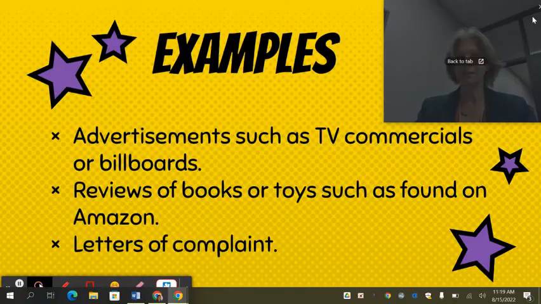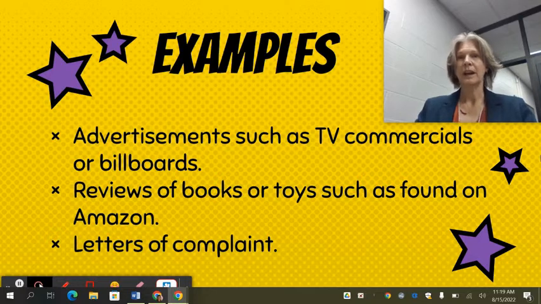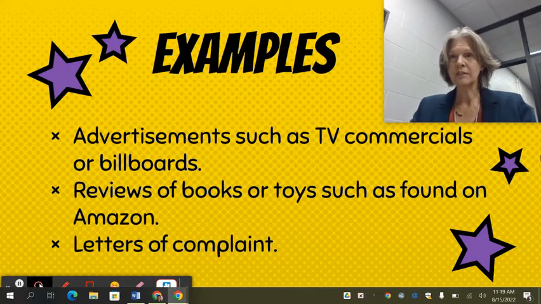Examples of persuasive writing include advertisements, such as television commercials or billboards, that are trying to get you to purchase something or to do something. Reviews of books or toys, such as those that you find on Amazon, because they're trying to persuade you to buy something.